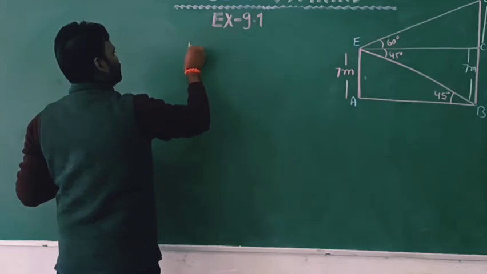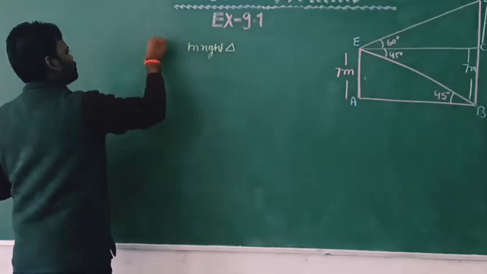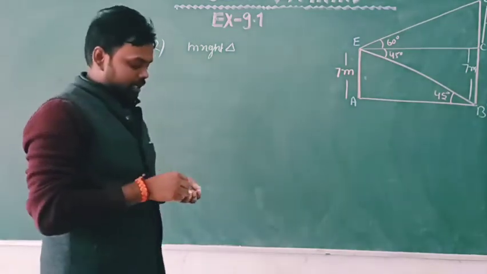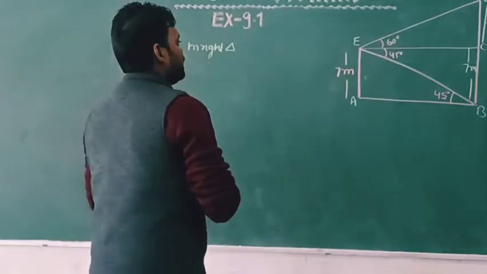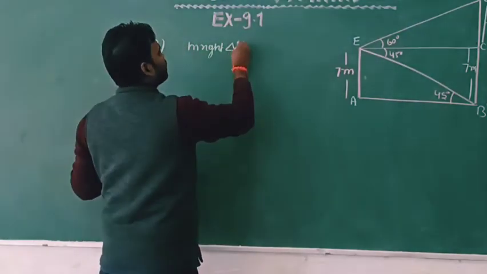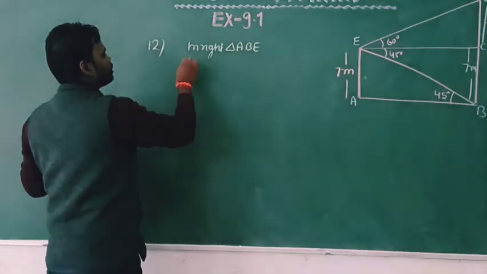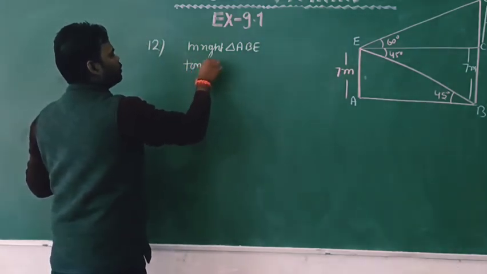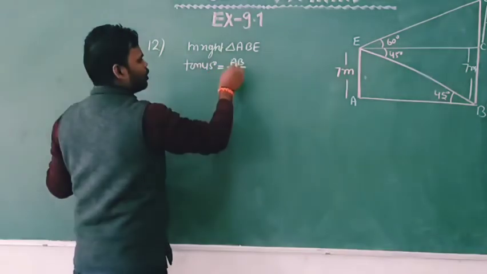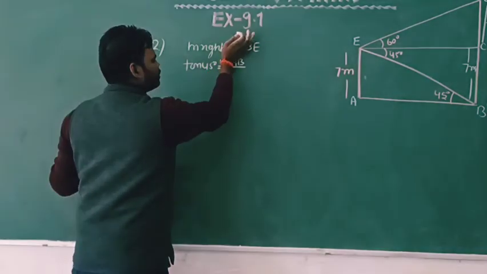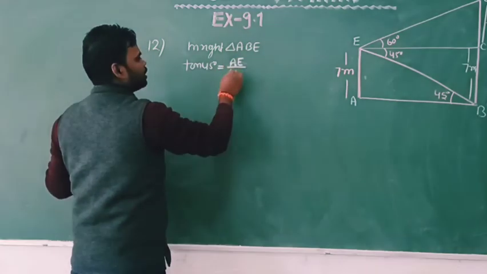So this is question number 12. In right triangle ABE, tan 45 degrees equals perpendicular upon base, that is AE upon AB.